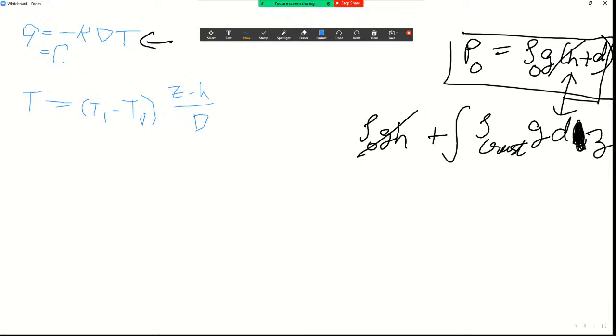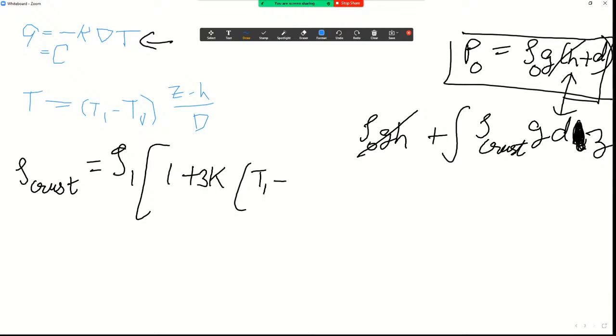So we can use the equation found earlier: rho crust equals rho 1 times (1 plus 3K (T1 minus T) over (T1 minus T naught)).